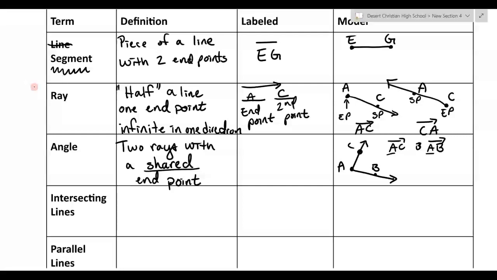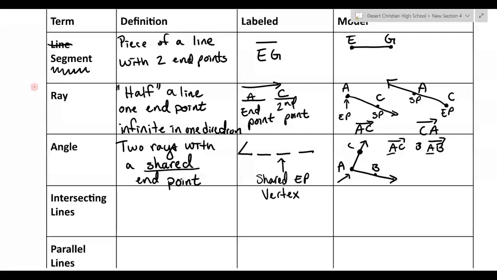So our ray is 2 points. We have some flexibility here, but we start with this little angle symbol at the front, and then we use 3 points on the angle. This center point must always be the common or shared endpoint. It has to be the vertex. Shared endpoint, also known as the vertex.